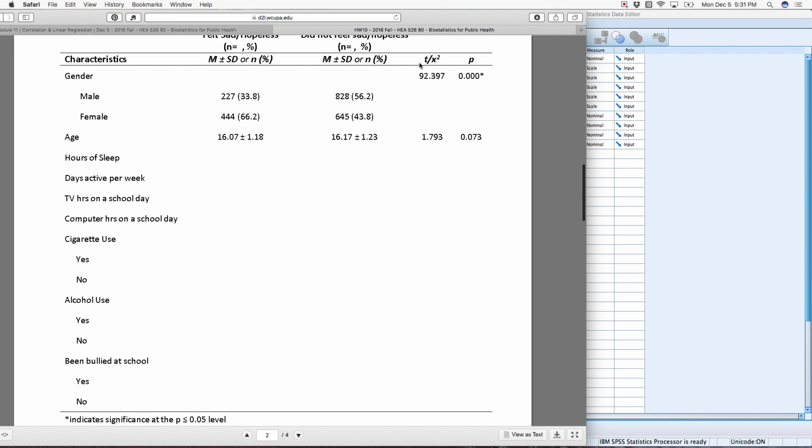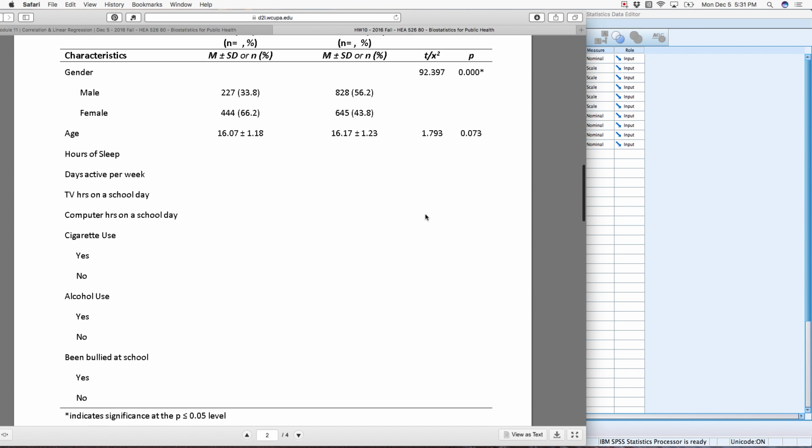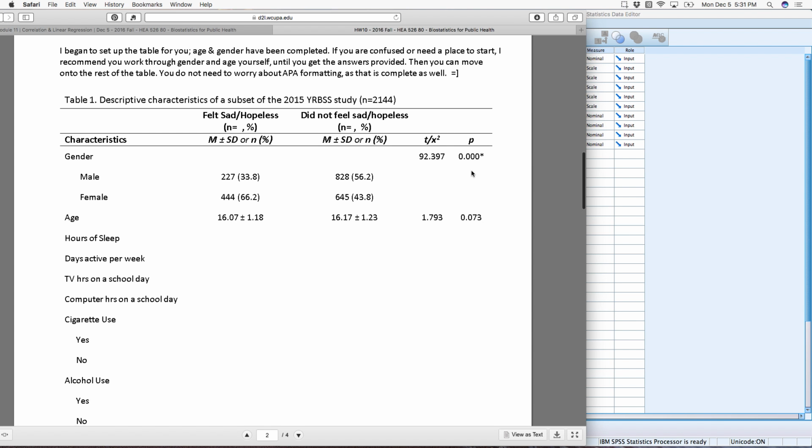And you also have to run tests for either an independent t-test or a chi-square to determine if there's a difference in that characteristic, or IV, between the DV of feeling sad or hopeless and report the t value or chi-square value and the p value.